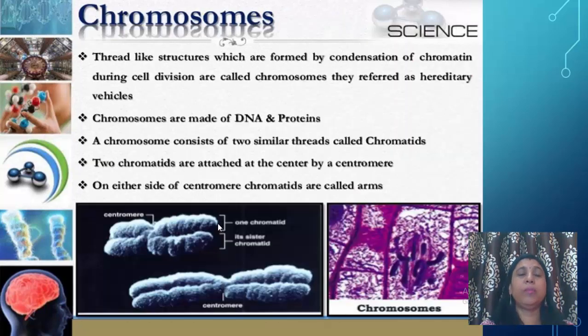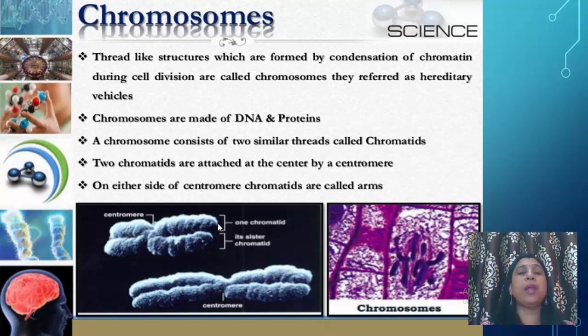Now chromosomes. Thread-like structures which are formed by condensation of chromatin during cell division are called chromosomes. They are referred to as hereditary vehicles because chromosomes are made up of DNA and proteins and they are responsible for the transfer of characters from the parents to their offspring.